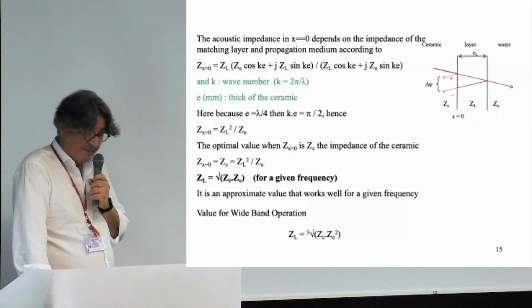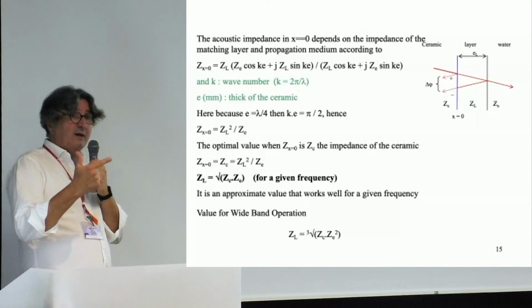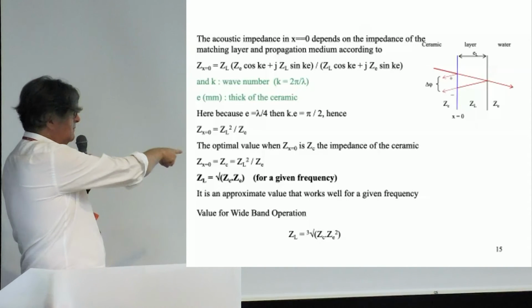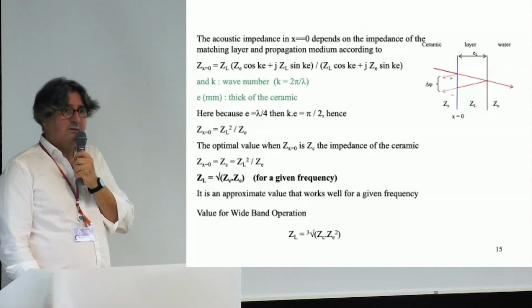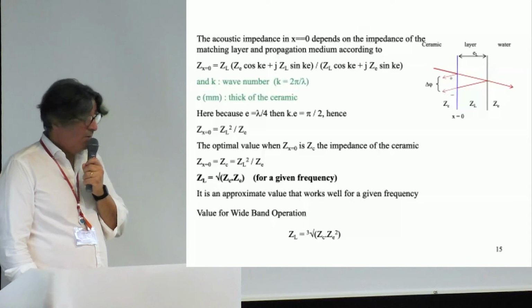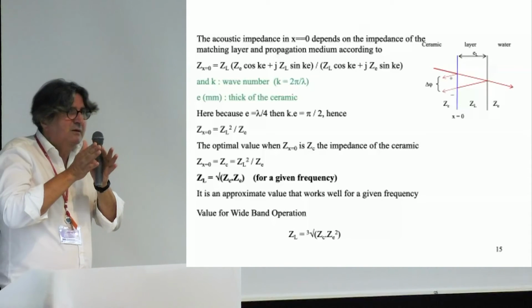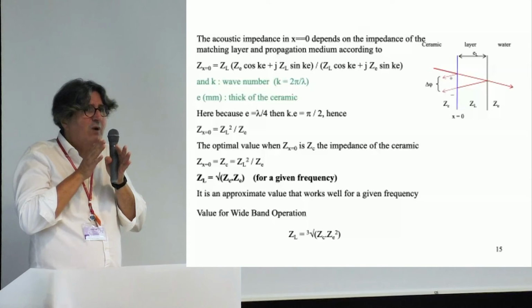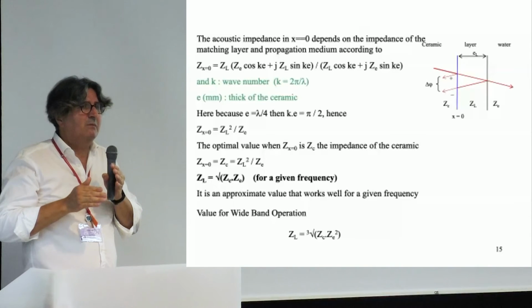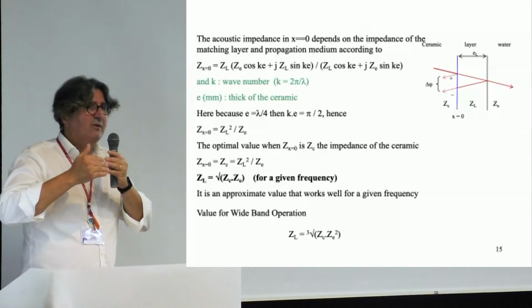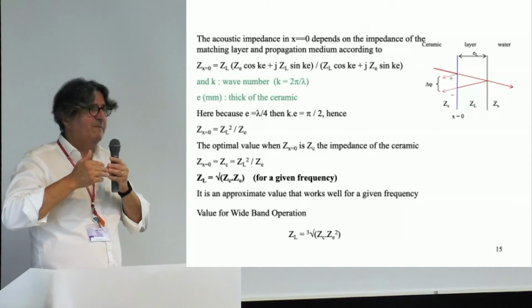Okay. So these are the two characteristics of the matching layer, quarter wavelength thickness and acoustical impedance. Now, first rule, try to enhance the transmission of a wave into the propagation media. And we will see what result it has on the electroacoustic response of a transducer.